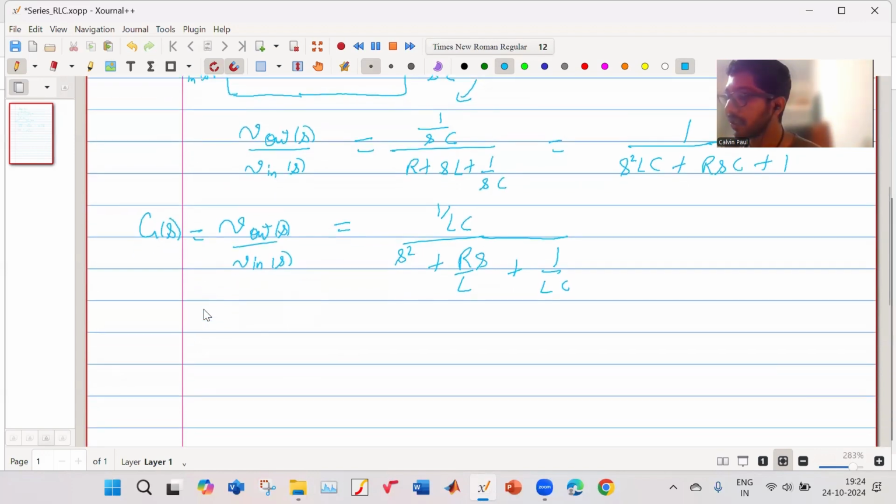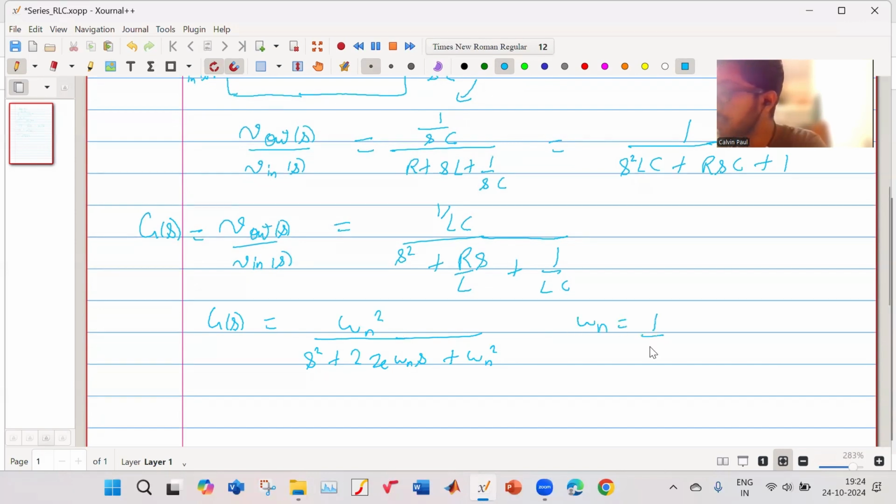Now this is a second order system, and a generalized transfer function for a second order system is given by omega n square over s square plus 2 zeta omega n s plus omega n square. So now when we compare, what do we get?